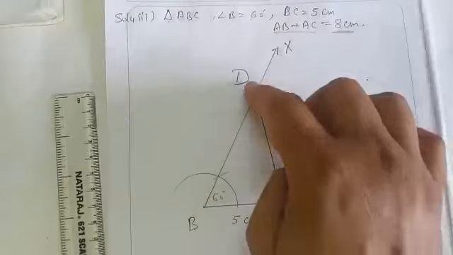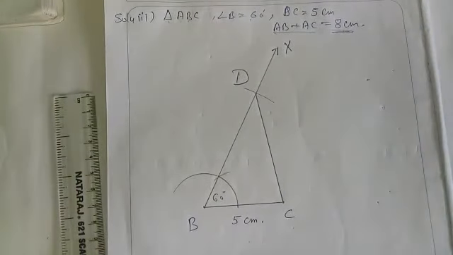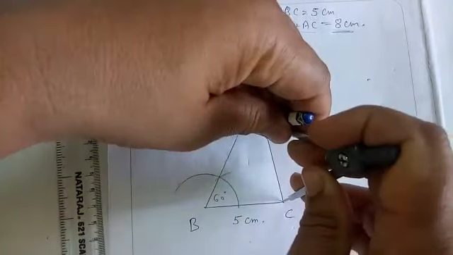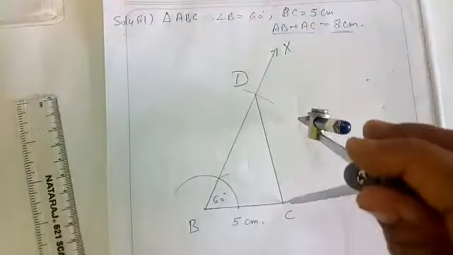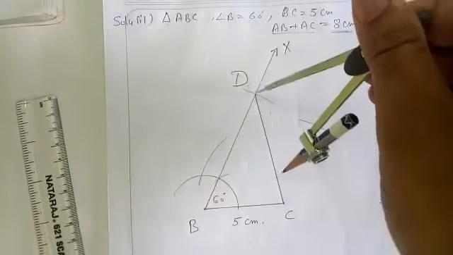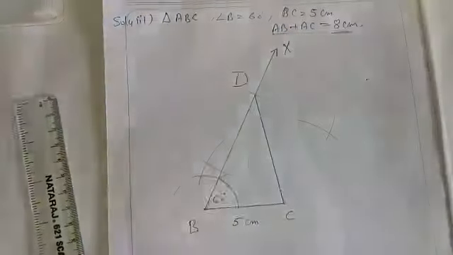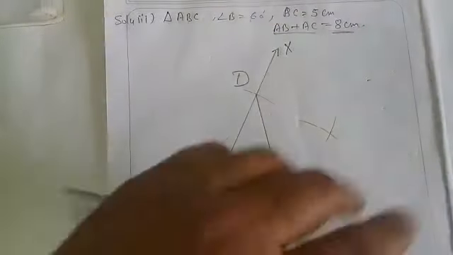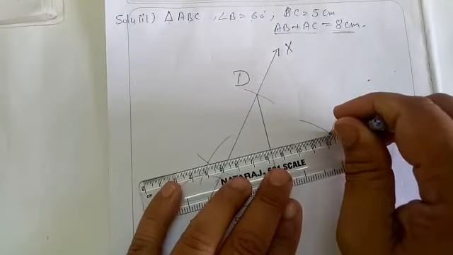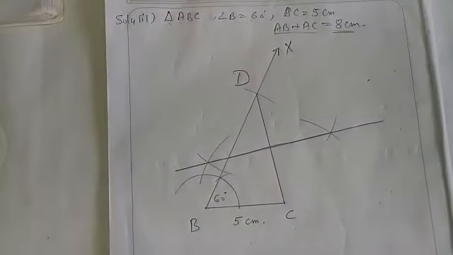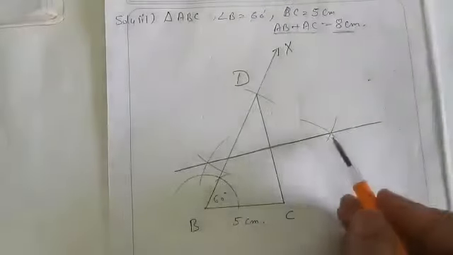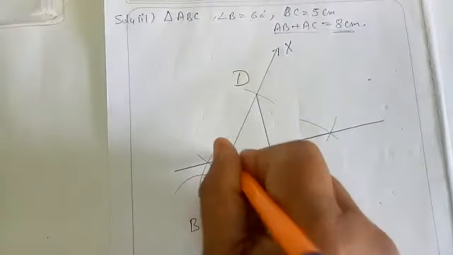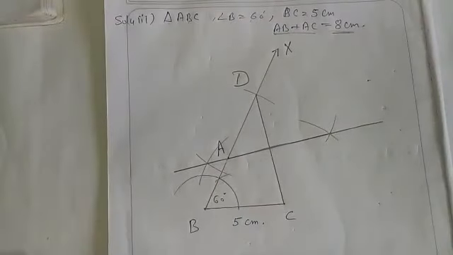Then you bisect DC. You know how to bisect a line segment. Take more than half of the line CD, cut an arc on both sides, and join the intersecting points. Where the bisector intersects the line BD, name it point A.